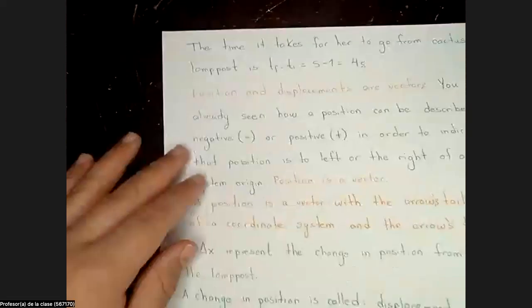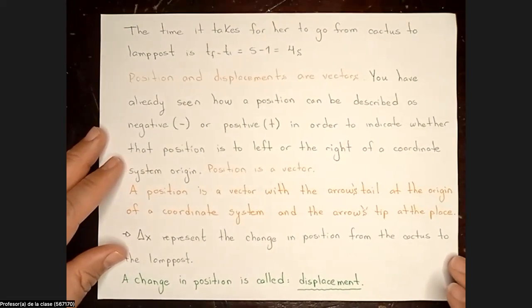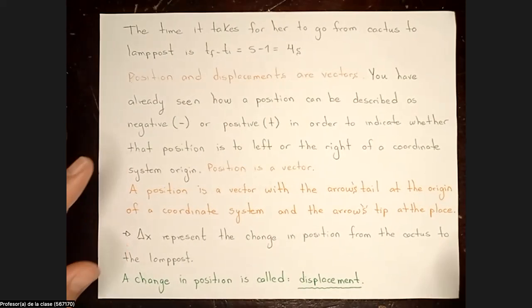So the time it takes for her to go from the cactus to the lamppost is TF minus TI, which will be 5 minus 1, and that will be 4 seconds. Okay, position and displacements are vectors.